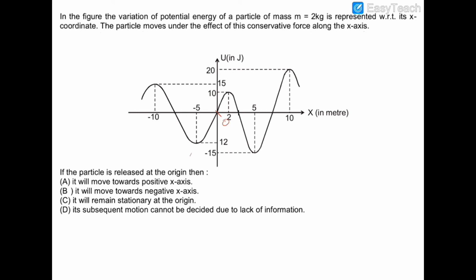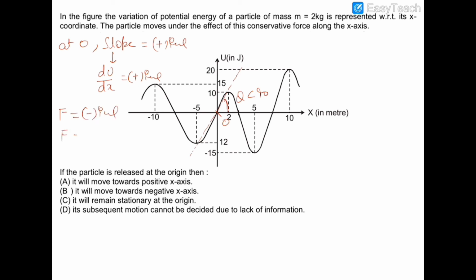Now to check that, we can draw a tangent at point O, and the angle theta will be less than 90 at point O. If we draw this tangent, then we can say that at O the slope of the graph is positive, which is also du by dx, which is positive, and hence the force will be negative, because we all know that F is equal to minus du by dx.